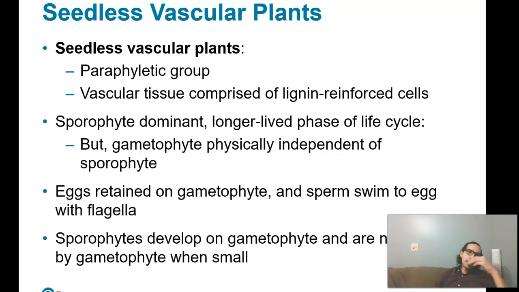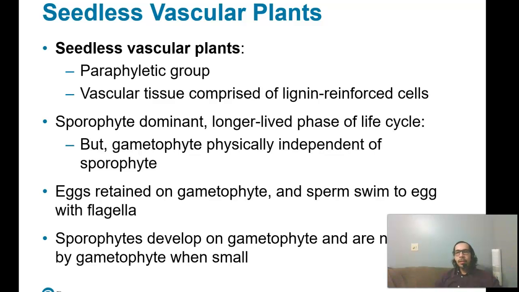But when we see the life cycle, we can see that the gametophyte is physically independent of the sporophyte. If you remember the fern life cycle, the sporophyte grows out of the gametophyte, but eventually it overtakes it. So they're independent of each other.